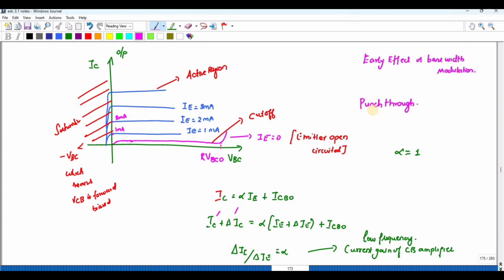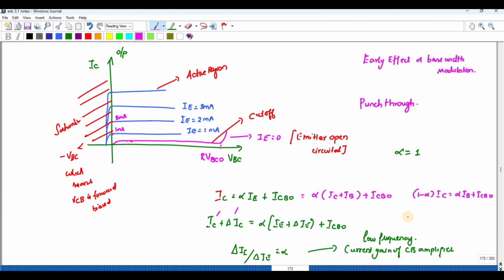From this equation I can derive the value. I can write IC equals alpha IC plus IB plus ICBO. So I can write (1 minus alpha) IC is equal to alpha IB plus ICBO.